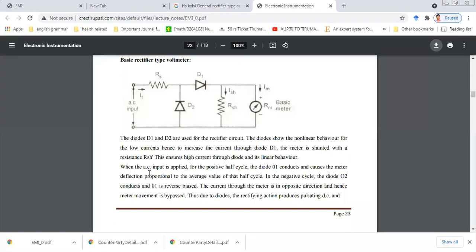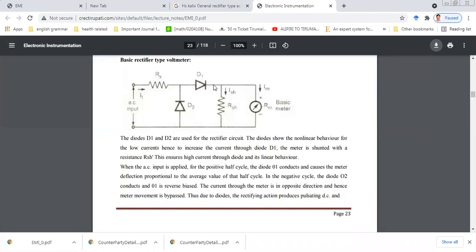When the AC input is applied, for the positive half cycle, this terminal is positive and this is negative. In such a situation, this diode is reverse biased and does not conduct.